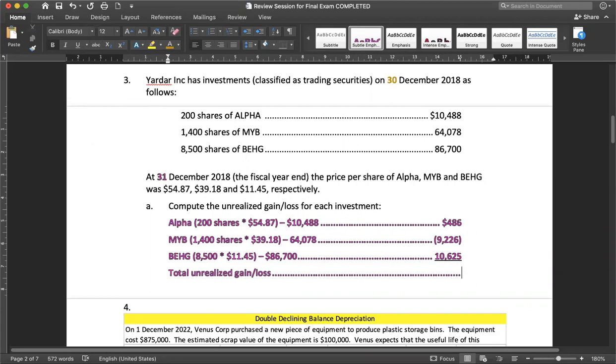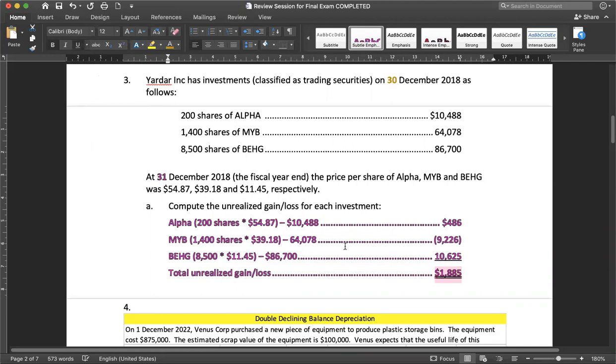So 10,625 minus 9,226 plus 486 leaves us then with $1,885 as the unrealized gain.